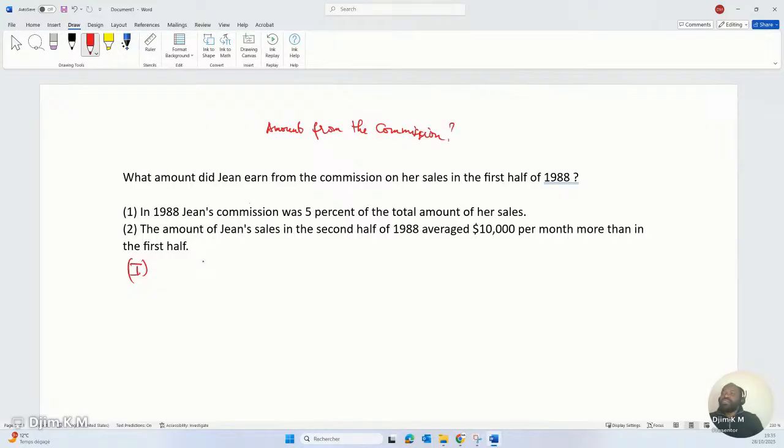So here, the first condition says that Jean's commission was 5% of the total sales. So commission amount is equal to 5% of total sales amount.